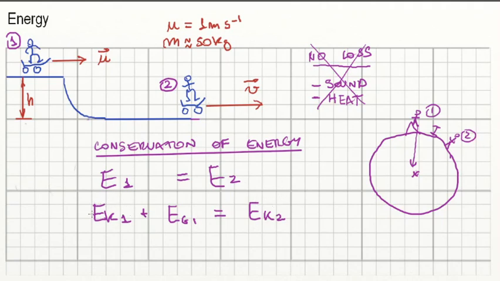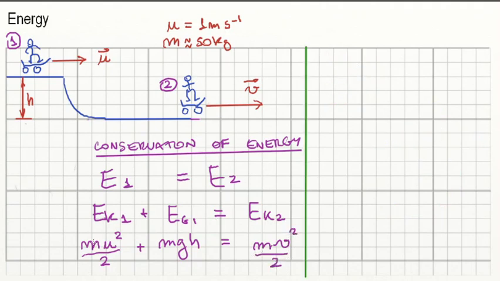Well, so kinetic energy at the beginning would be mu squared over 2 plus gravitational potential energy at the beginning, mgh, should be equal to the kinetic energy at the end, which is mv squared over 2.